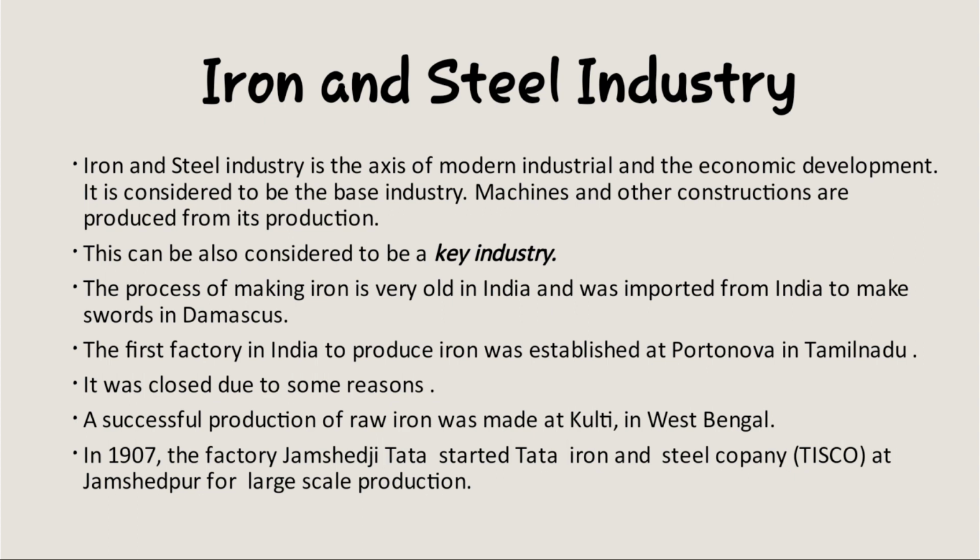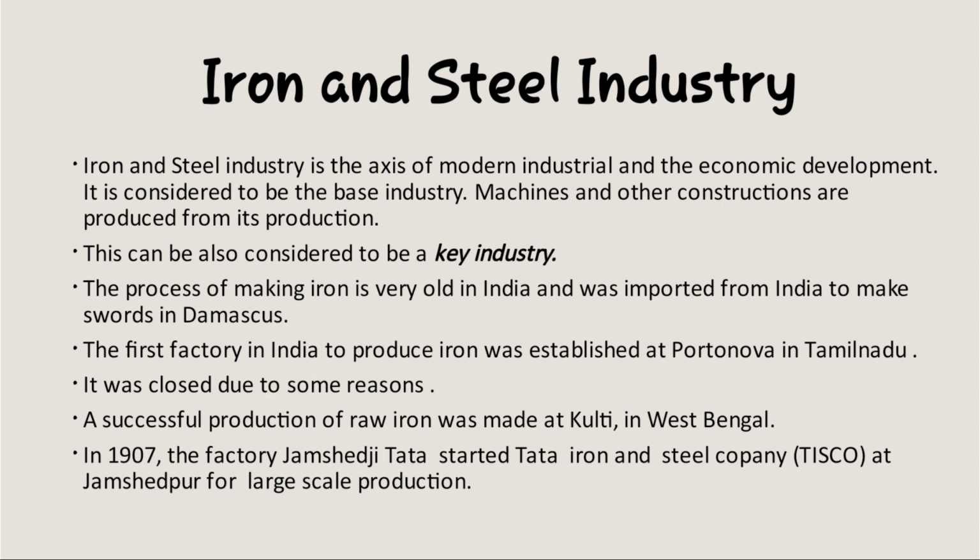You know, some of the factories were started in India when the British were in our country. The first factory in India to produce iron was established at Porto Novo in Tamil Nadu. However, this was closed for some reasons. In 1874, India's first blast furnace was established at Kulti in West Bengal for making iron.